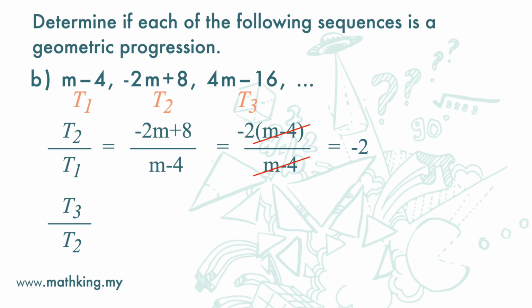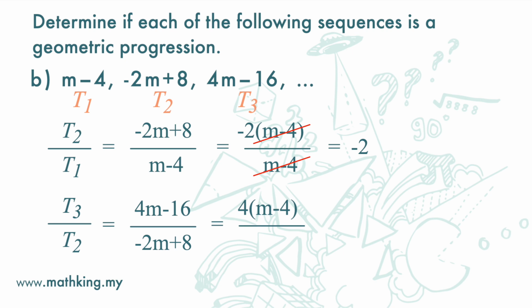T3 over T2 is 4m minus 16 over -2m plus 8. We factor out 4 up there, and then factor out -2 down there. Simplify, and we get -2 also. Since both are the same, we have a common ratio. So this is also a geometric progression.